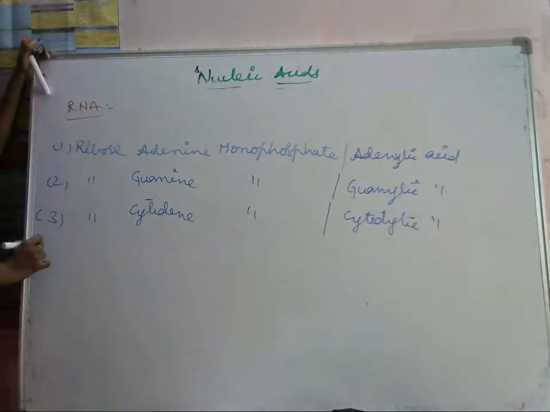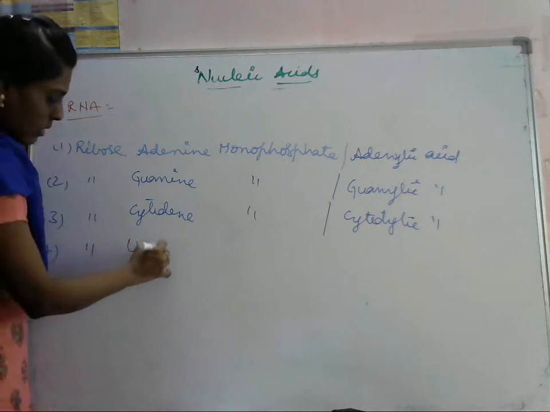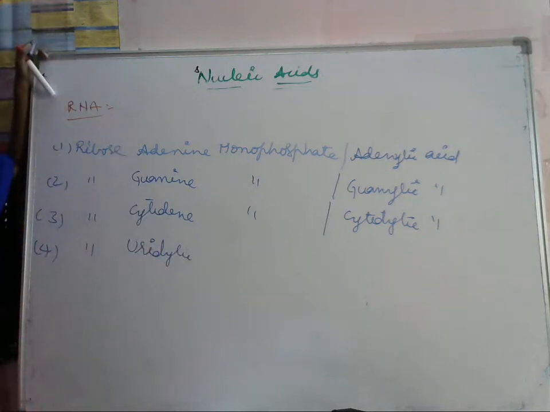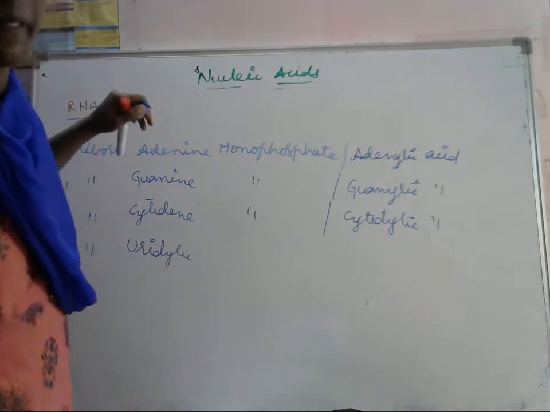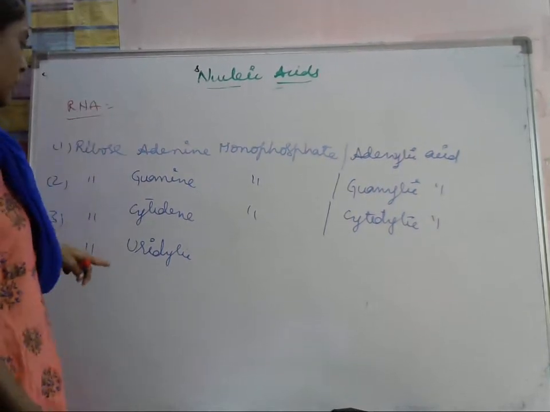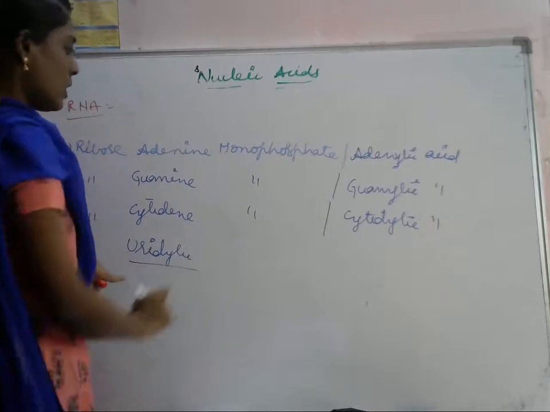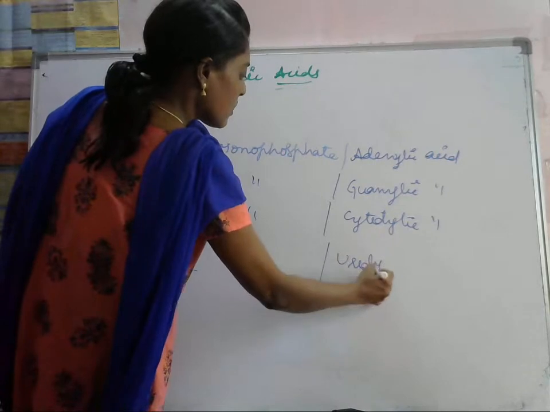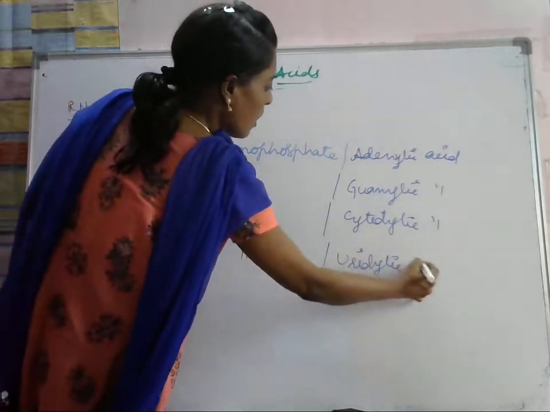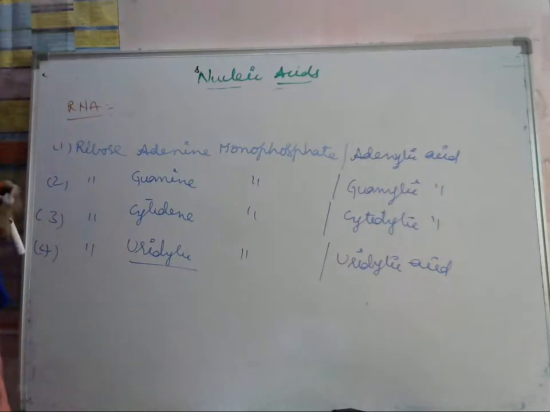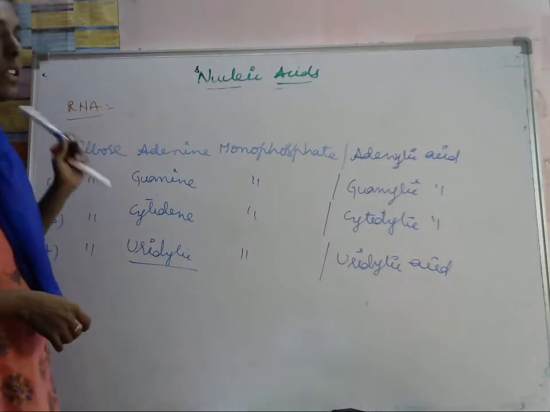Next, we have ribose uridylic acid. In DNA, thymine is present. In RNA, uridine is present. You have to make the difference. Uridylic acid. So these are the nucleotides present in RNA.